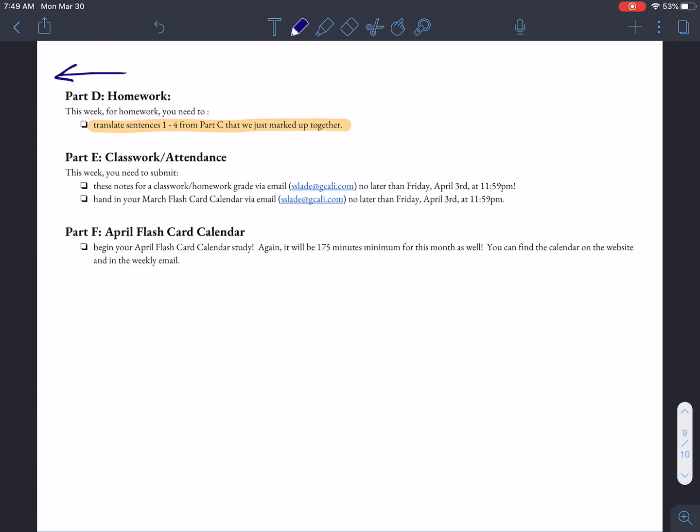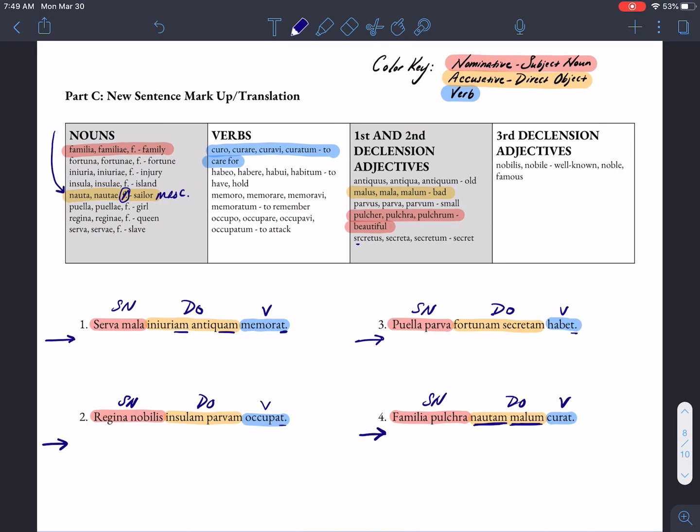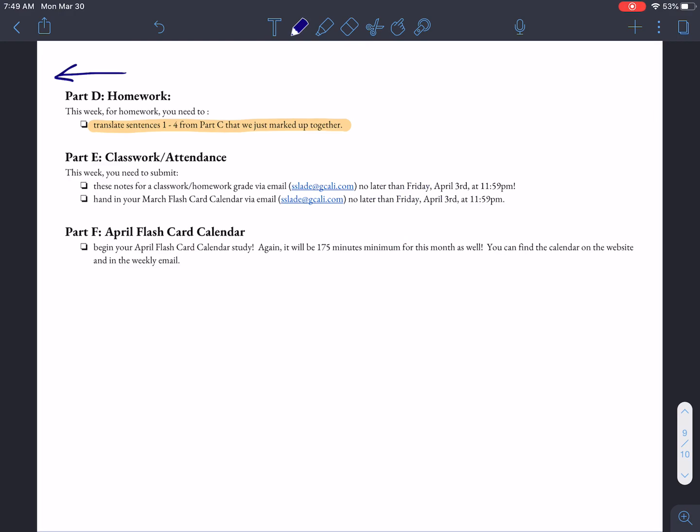Make sure they're marked up and use the markup in the vocabulary to guide your translation. Now, you've got two things you need to do for Part E, that's your classwork and attendance. Once you finish translating, you're going to have to submit this packet to me for a homework grade via email no later than Friday, April 3rd.